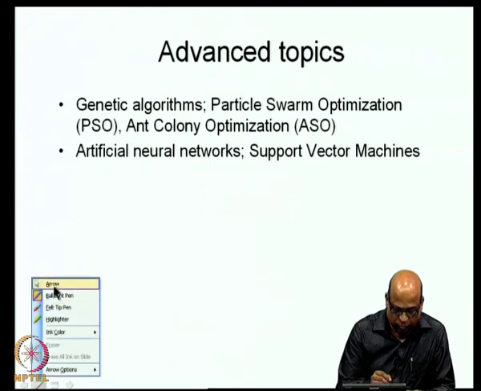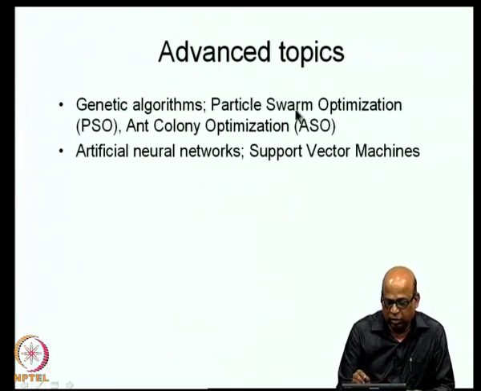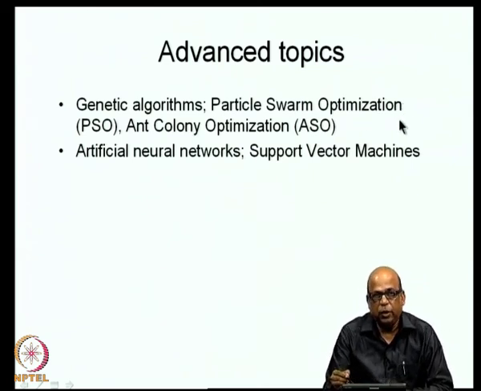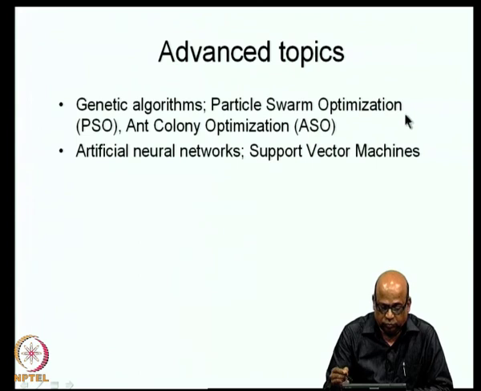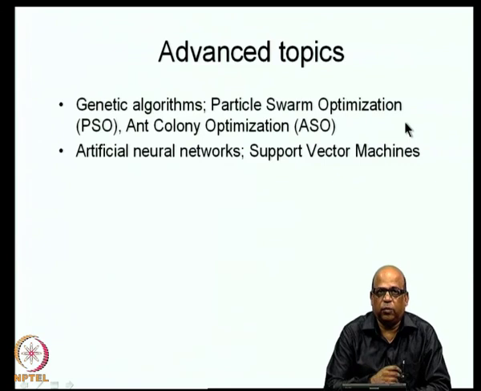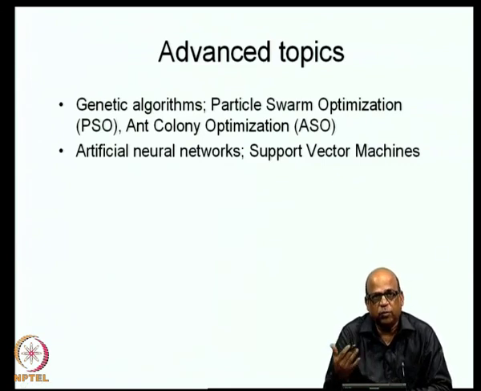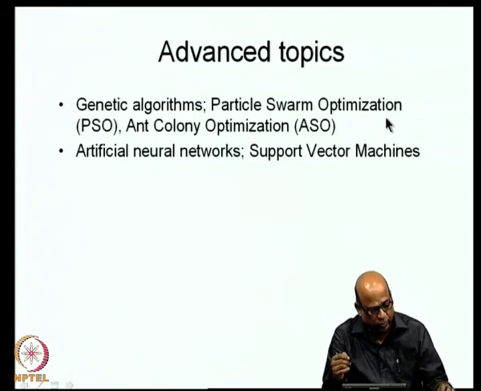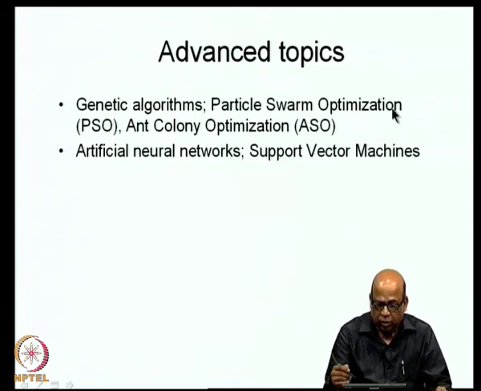For example, you may have genetic algorithms, particle swarm optimization, ant colony optimization, etc. These will provide you with better tools of optimization. Then you have pattern recognition tools such as artificial neural networks, support vector machines, etc. These you can use for forecasting of flows, forecasting of the performance, and so on. So, these are some advanced topics that the students can learn.